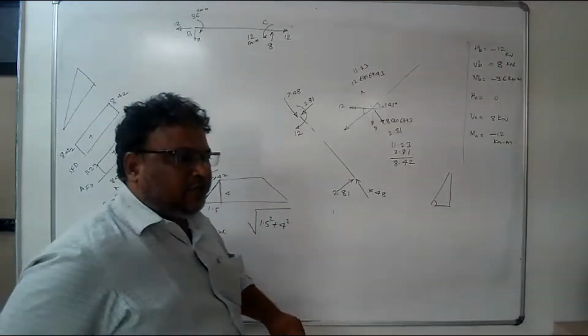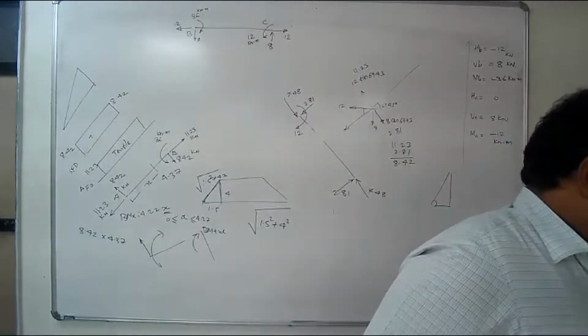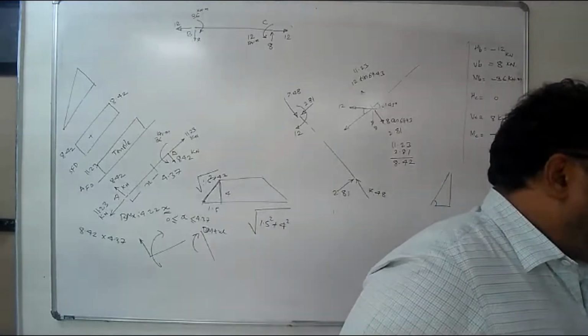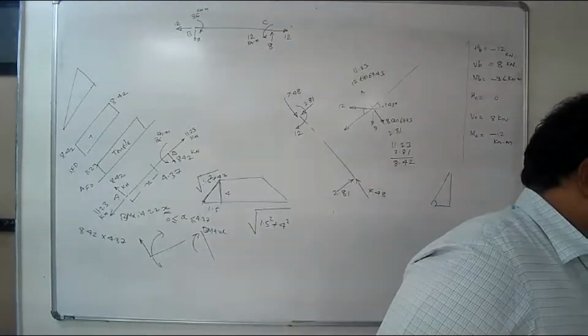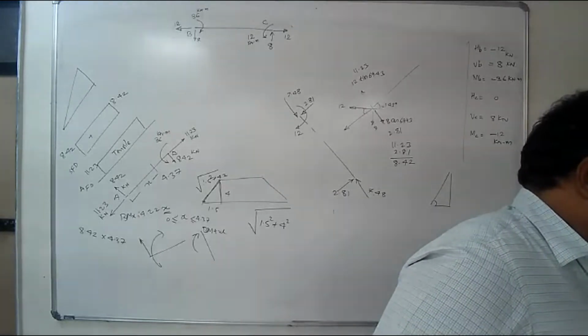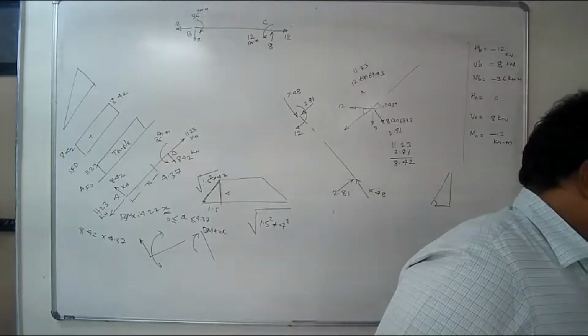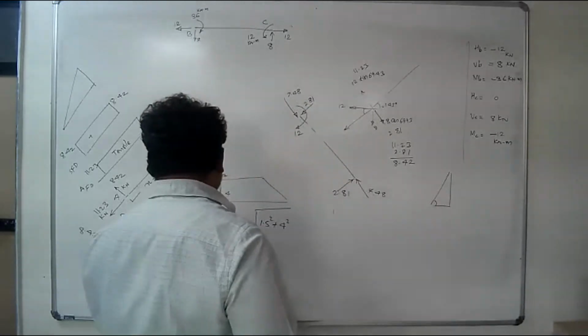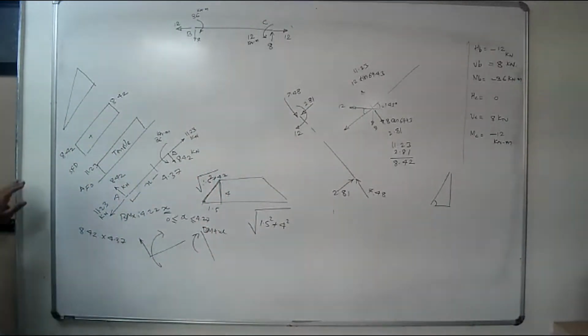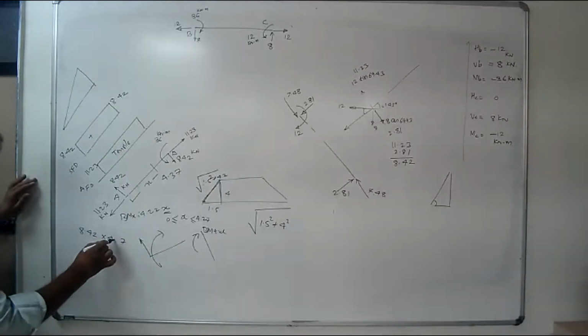Under root of 5 square plus 4 square, 4.27. तो फिर अभी पहले क्या 4.37 मुझे बताया, so it must be 4.27.